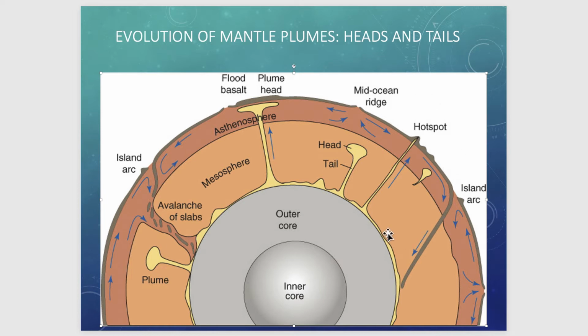And this last example here is more an illustration of the effect of hotspots. Over time, you will lose the tails of the plume, and you start to have the more focused supply of magmas in a restricted location, and this leads commonly to the formation of the shield volcanoes.